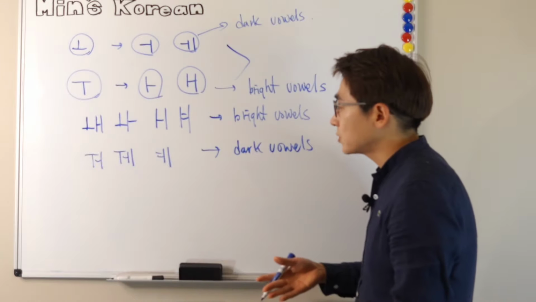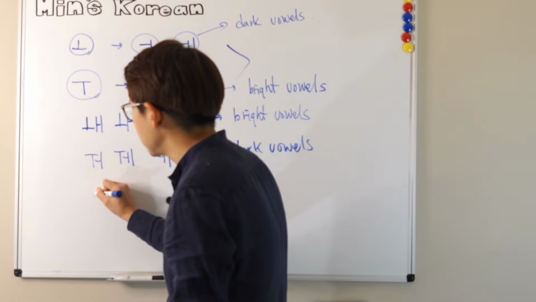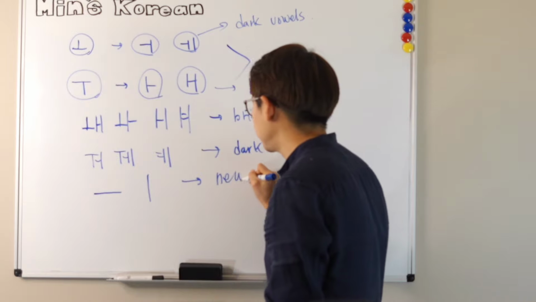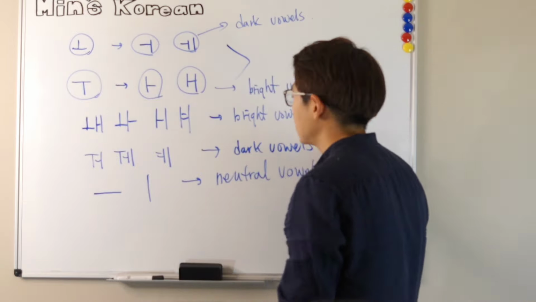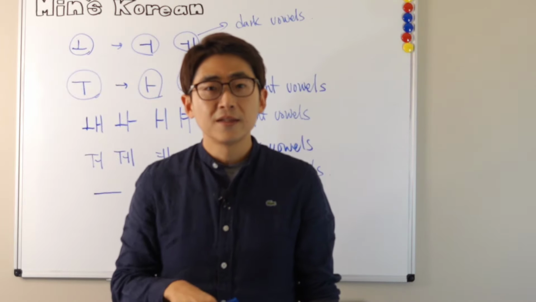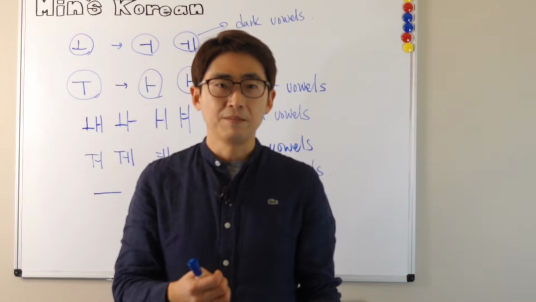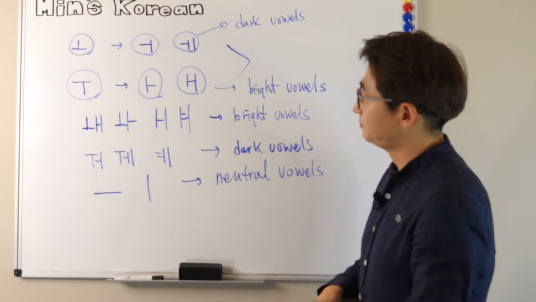And I'm pretty sure we covered this earlier, but the neutral basic vowels don't belong to any of these. So the vowel harmony principle prohibits the combination of bright and dark vowel symbols.